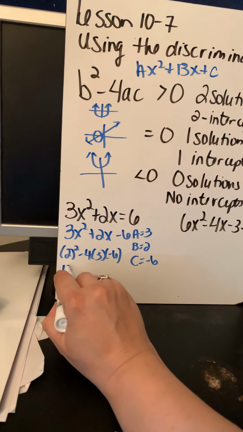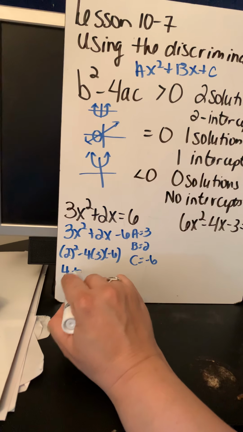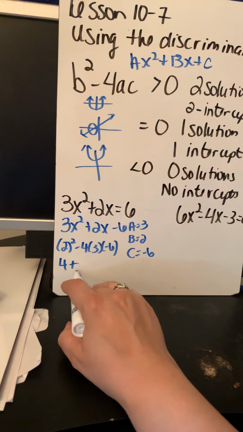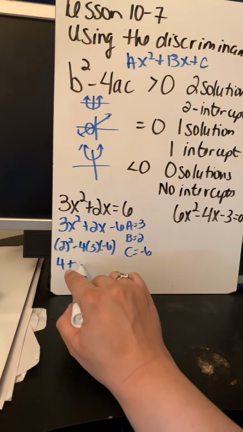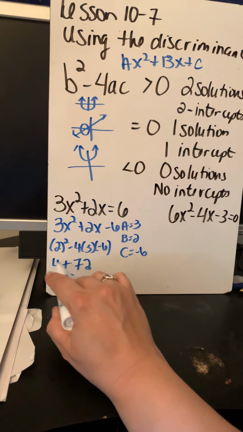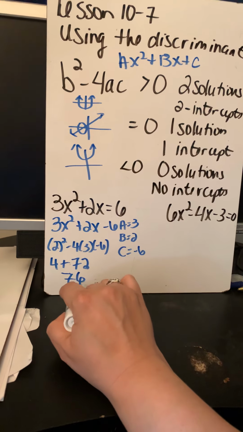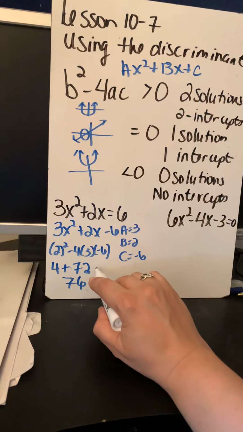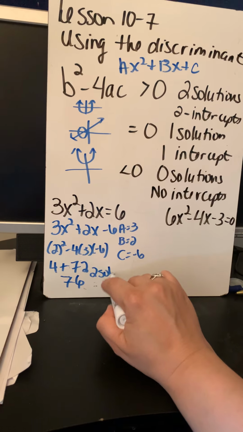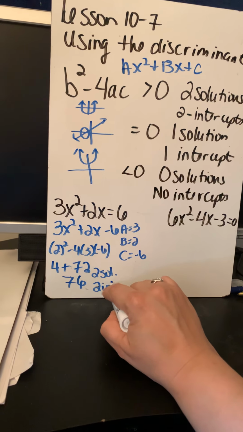So we're going to have 4. Two negatives equal a positive. I think you can see where this is going by now. 12 times 6, 72. 4 plus 72, 76. That is bigger than 0. I have two solutions, two intercepts.